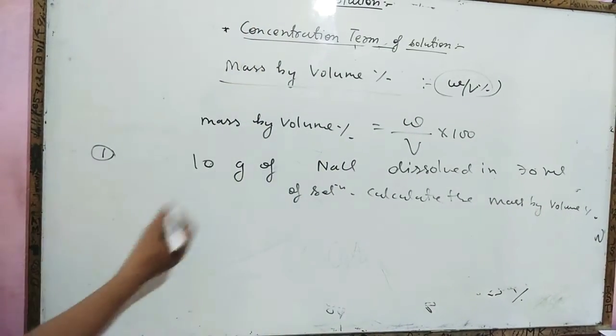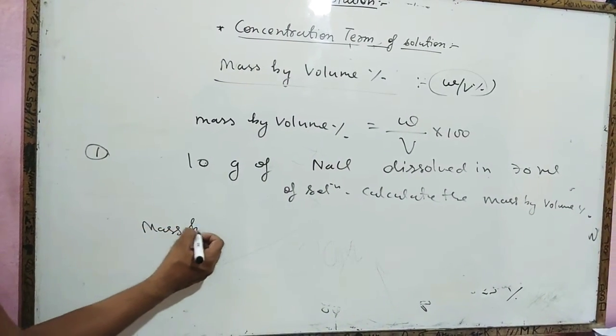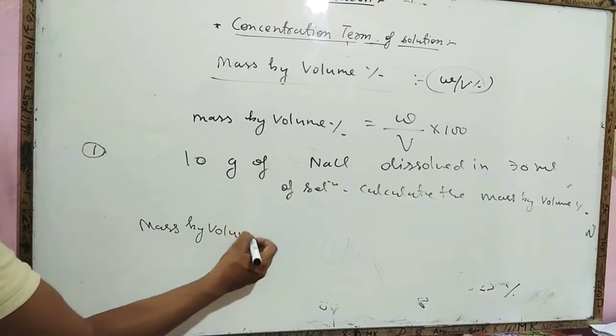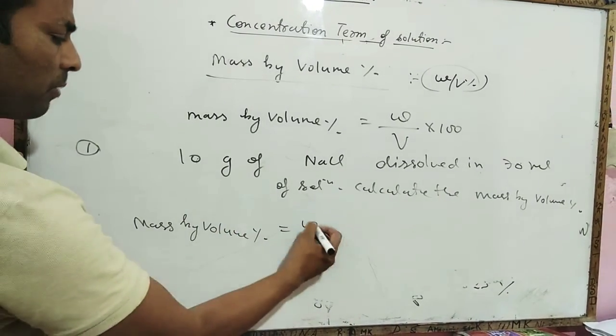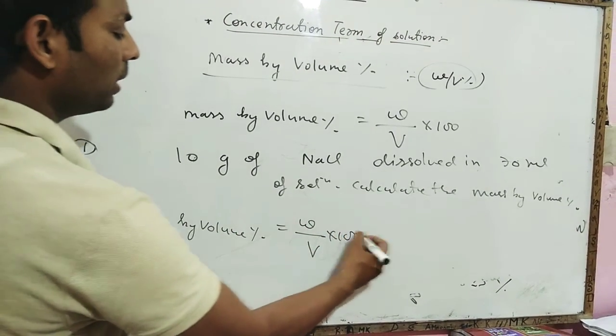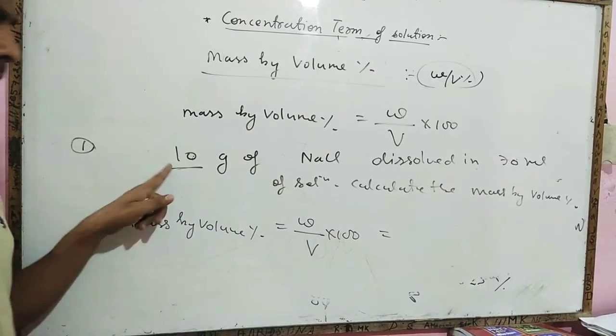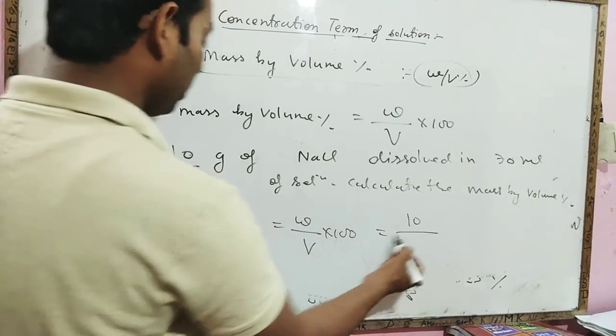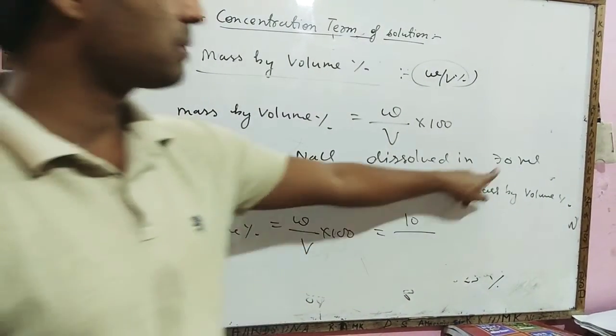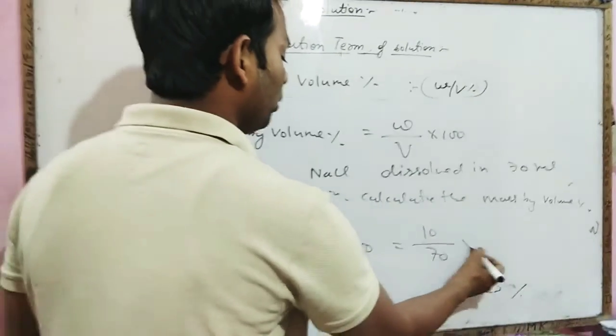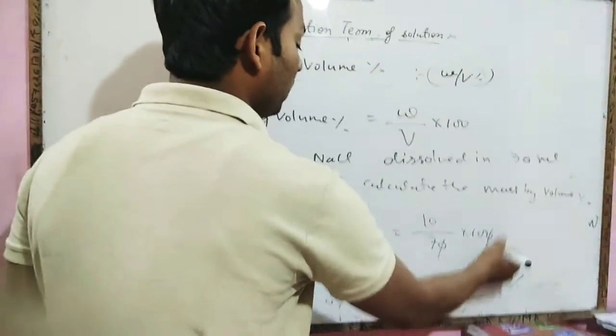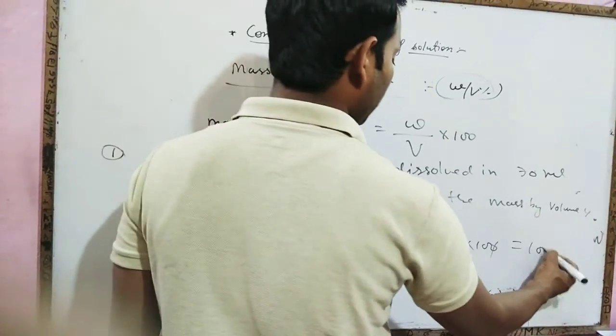According to the formula, mass by volume percentage equals mass of solute, small w, by capital V into 100. The mass of solute given is 10 gram, so we put 10 gram upon V, the volume of solution, given as 70 ml, into 100. This will be cancelled: 100 upon 7.